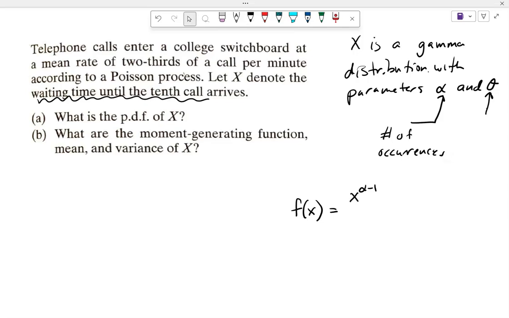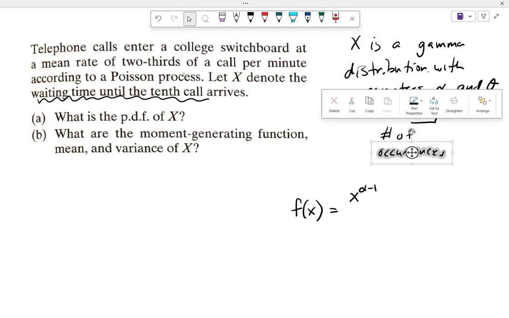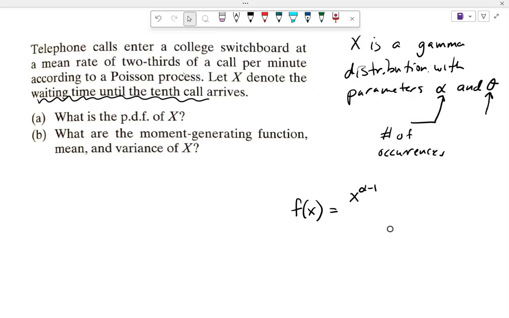Notice that if your alpha is 1, this should be an exponential distribution. So you get x to the alpha minus 1, e to the minus x over theta. That looks like an exponential distribution. Also in the denominator, you get a theta to the alpha. And then out in front, we get something that's referred to as the gamma function.